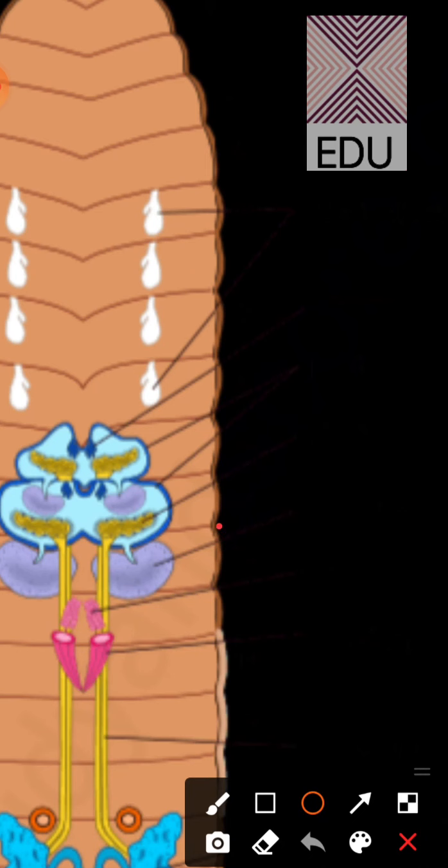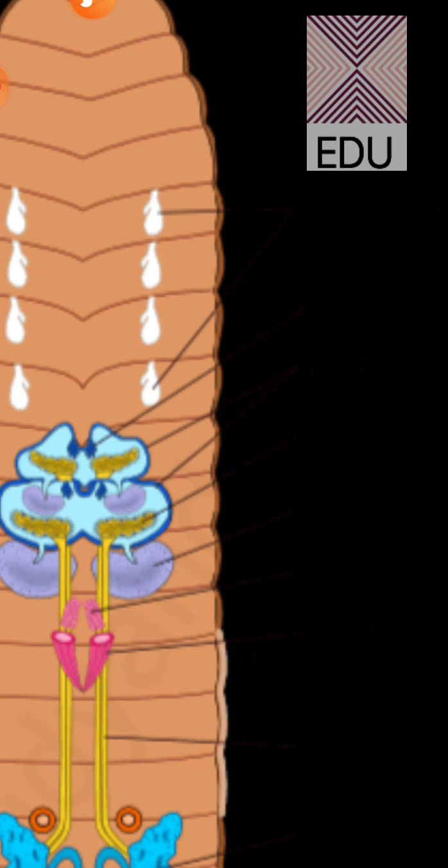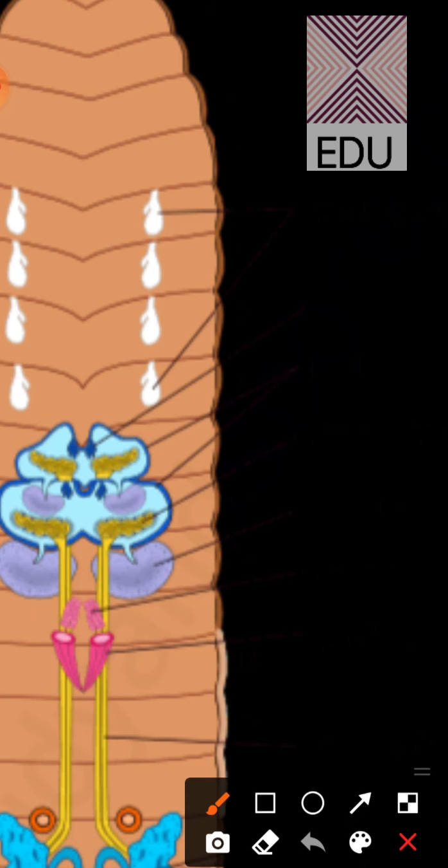So next, students, we have the ovaries. If we go to segment number 13, you will find these ovaries. They are two in number, they are oval, and they have got many eggs in them.